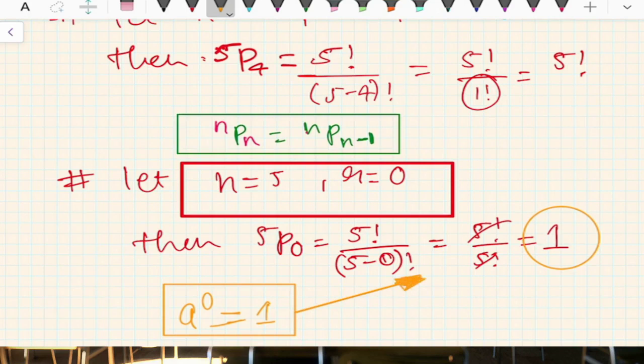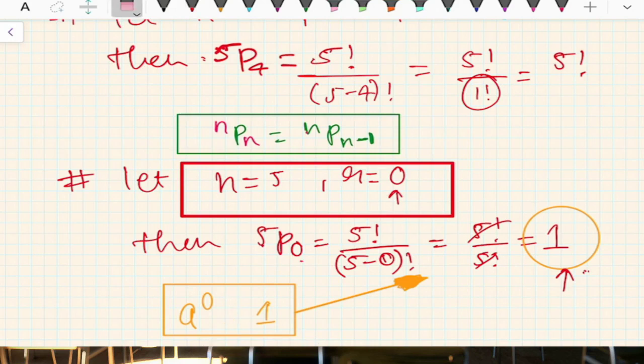It says how many possible arrangements there are in which I do not do anything. There is only one possible way in which you do nothing, in which you do 0 arrangements, and since there were 0 arrangements, 5P0 will give you 1.